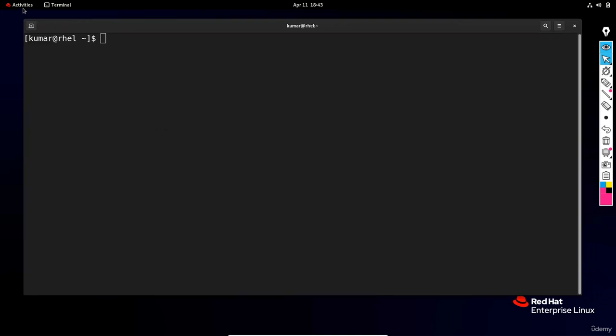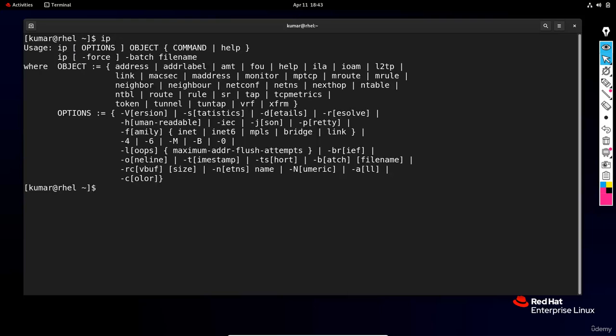So what are the commands? Generally we use the ip command, ip addr. If I just hit enter, you will find there are lots of options available, like object, address, address label, and lots of other things.